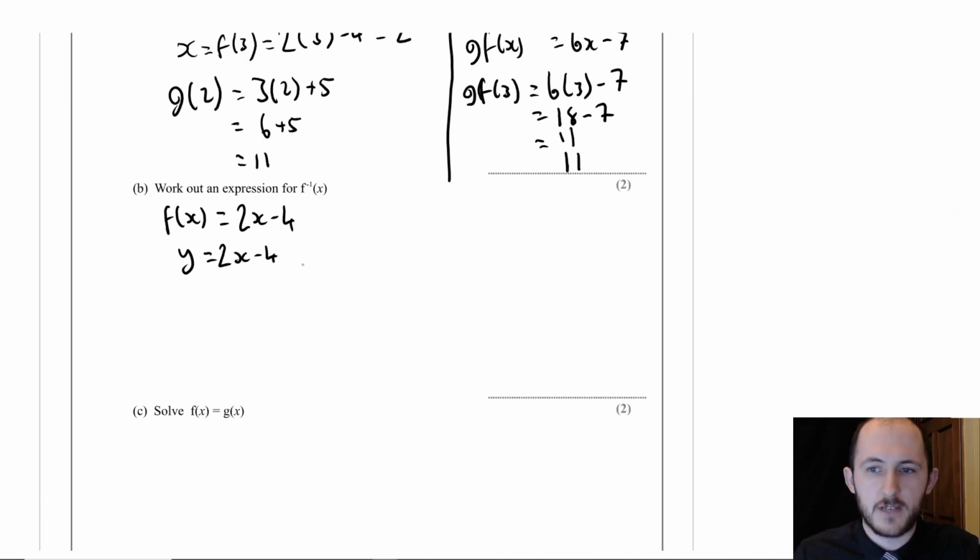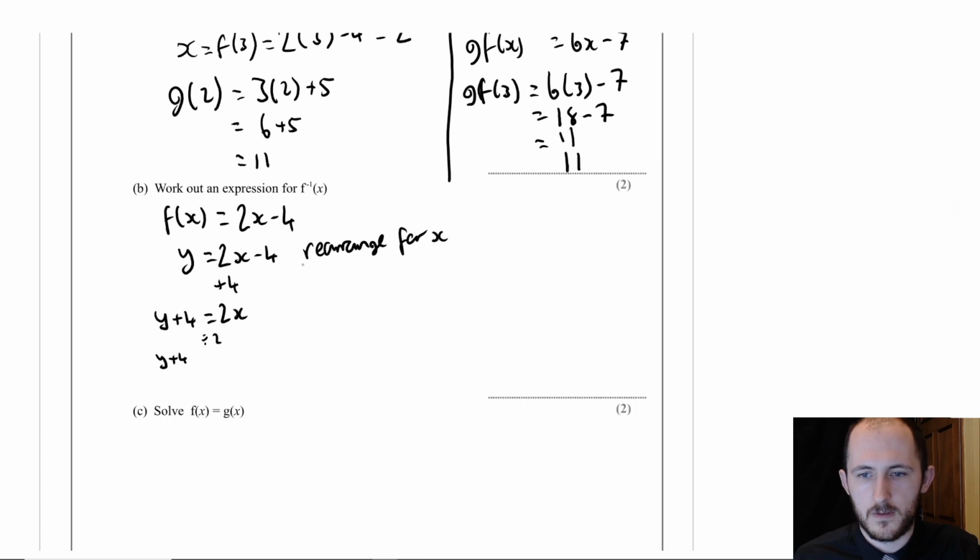And then rearrange for x. Okay, so add 4 to both sides. We get y plus 4 equals 2x. Divide both sides by 2. And we get y plus 4 over 2 equals x.